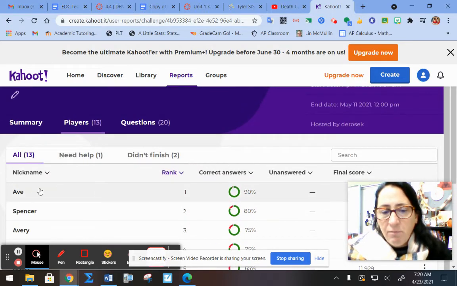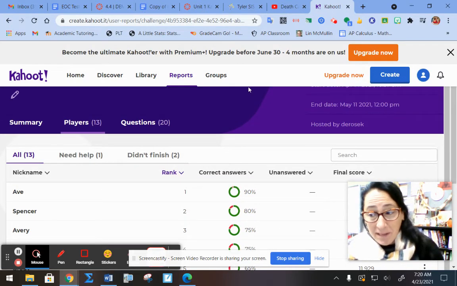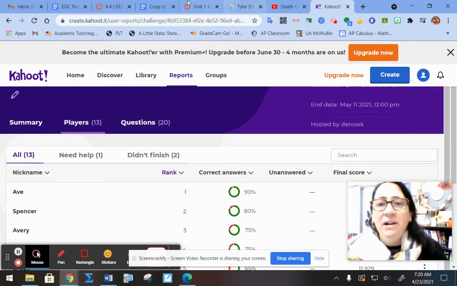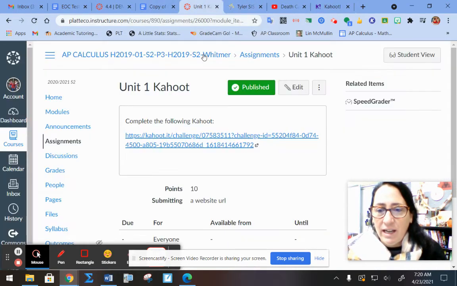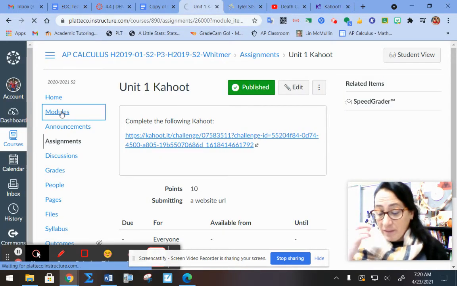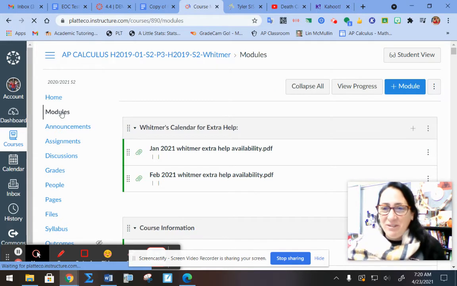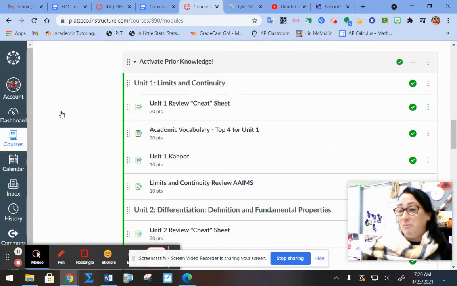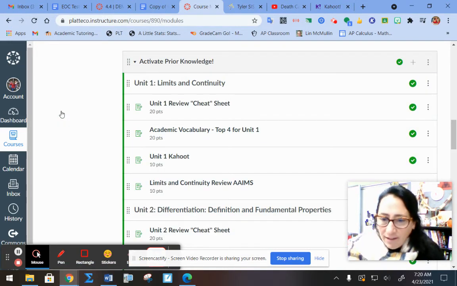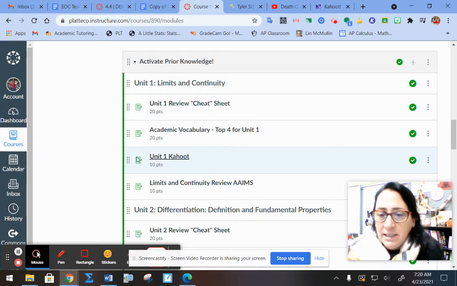It's self-paced, and it's a little bit competitive, or a lot competitive. Most of these kids really like to win it, so some of them will take it more than one time. That's the real fun piece for them.